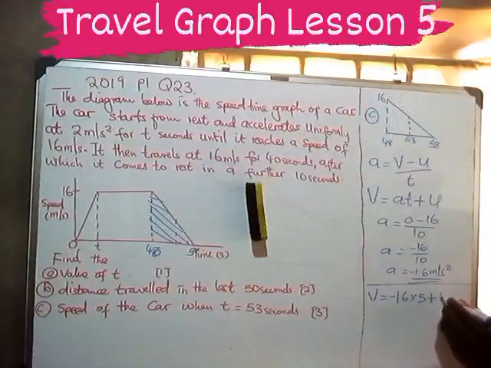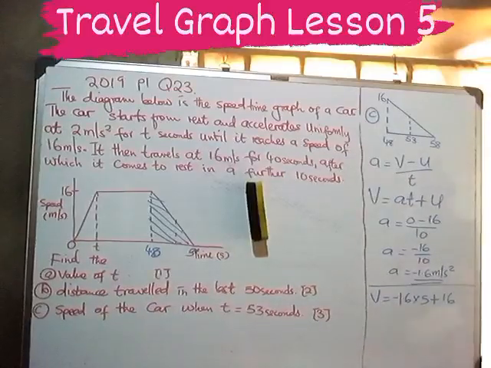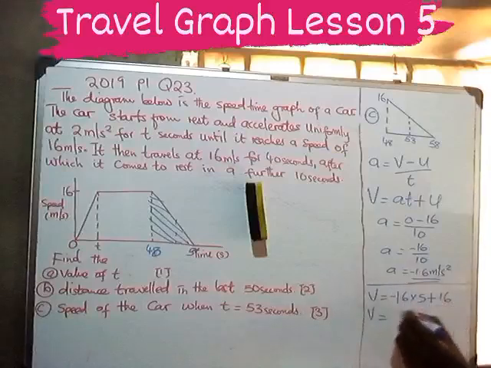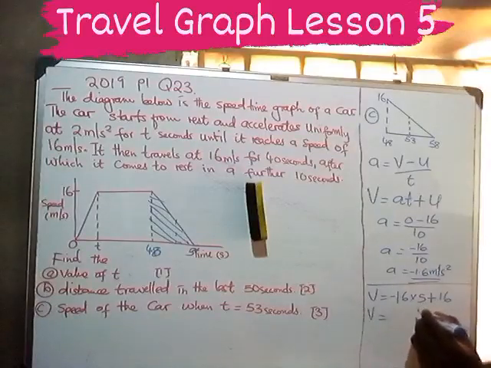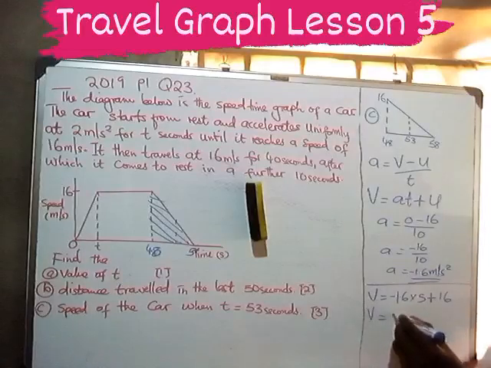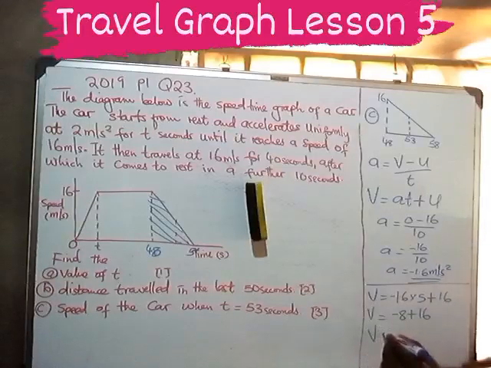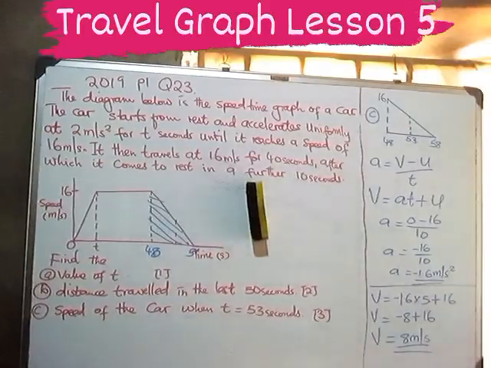The initial will be 16. So V is negative 1.6 multiplied by 5, which is negative 8, so negative 8 plus 16. So our V will be 8 meters per second. So the speed for when the time is 53 is 8 meters per second.